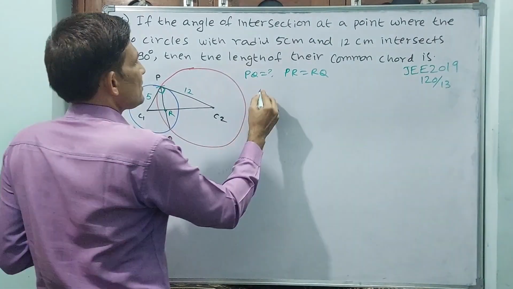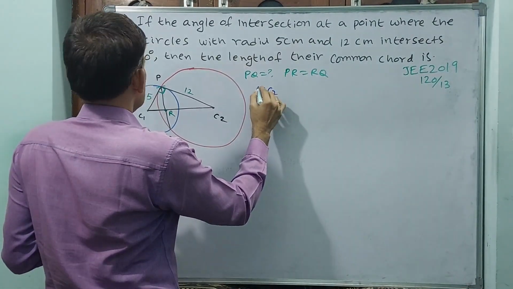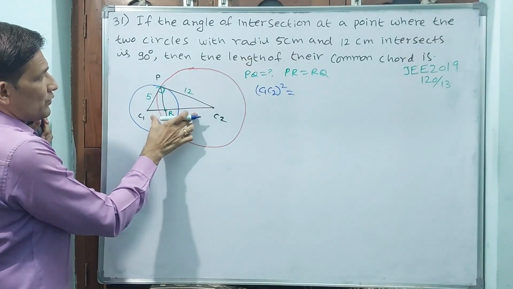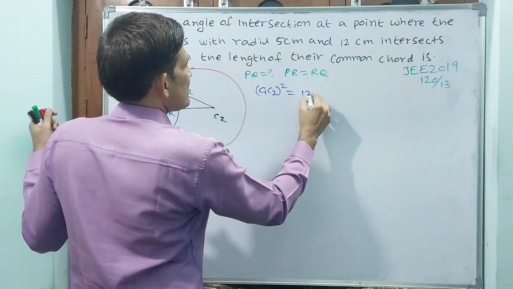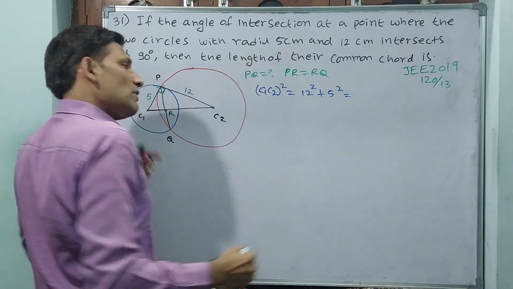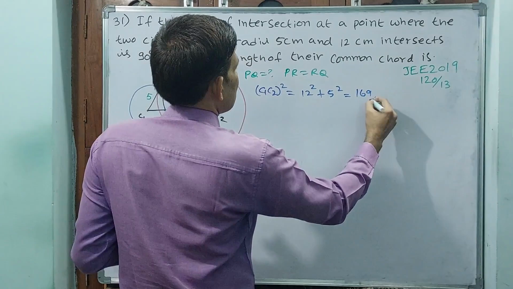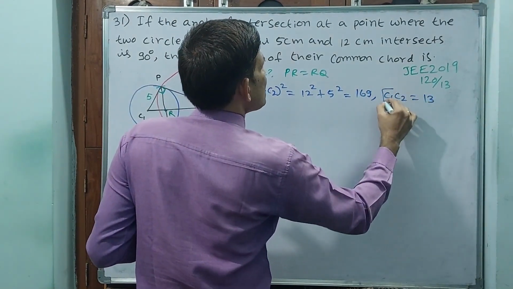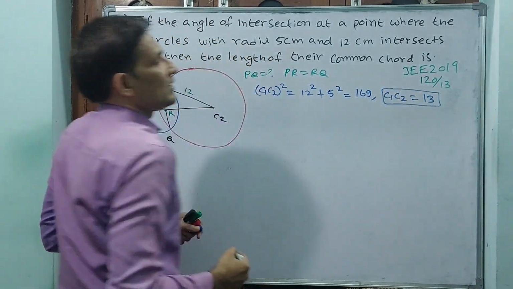C1C2 whole square is equal to, this is the hypotenuse, 12 square plus 5 square. That is equal to 169. That means C1C2 will be 13. Understand the logic?